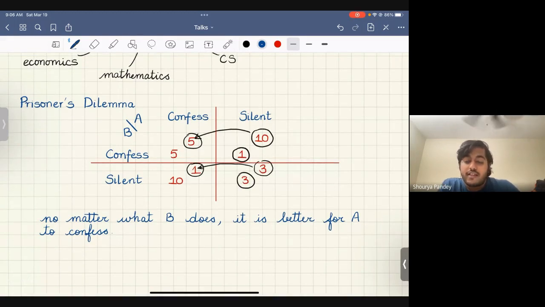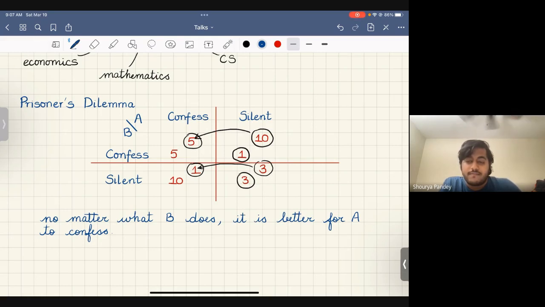The point is that they don't have the time to discuss. Even if they're able to discuss, what prevents one of them from confessing anyway, right? They're not trying to minimize the total time; they're trying to minimize their own time.